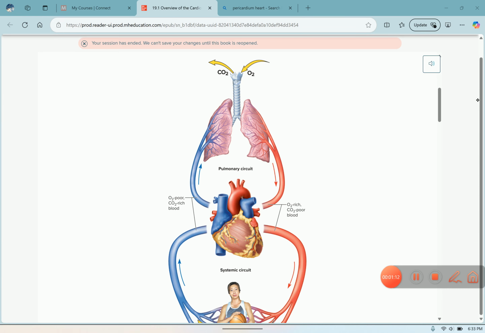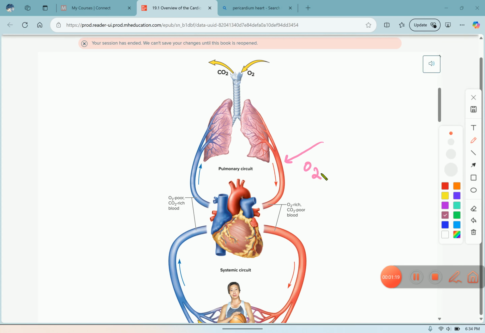The red that you see denotes oxygenated, so O2 for oxygenated. When you see these pictures, what the animations are trying to tell you is that it is oxygen-rich or oxygenated blood, so they color-code it red.